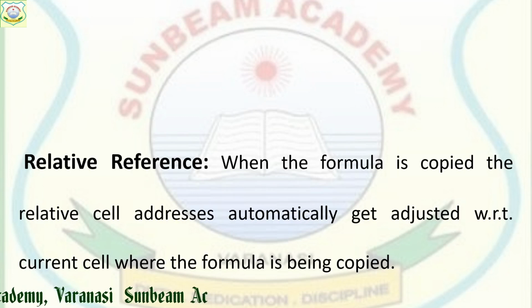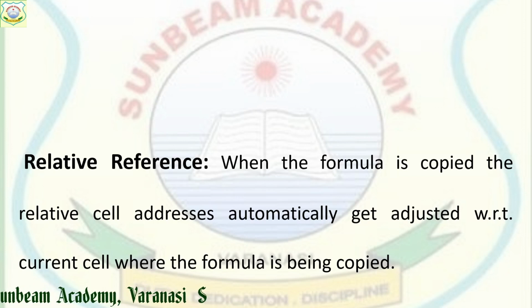The first cell reference is relative reference. As the name suggests, relative means connected with each other. In this type of reference, when the formula is copied, the cell addresses which are relative get automatically adjusted.